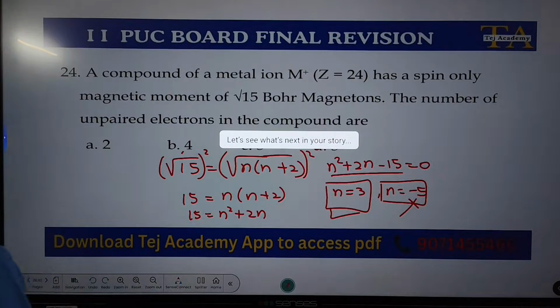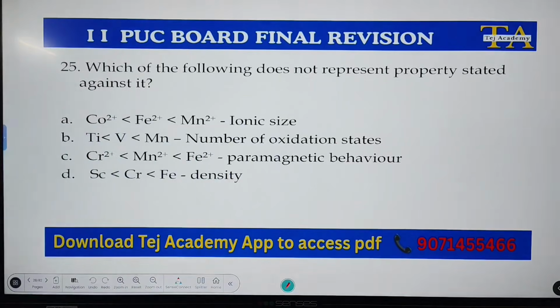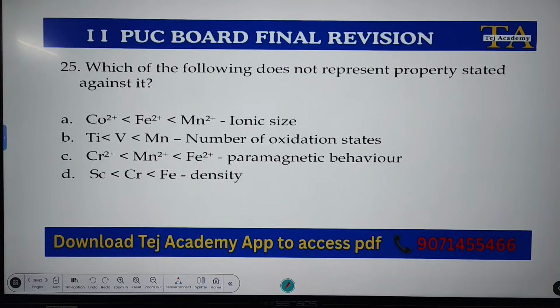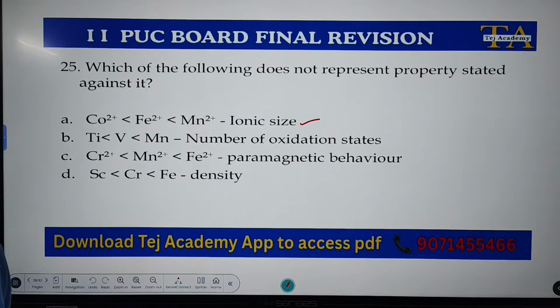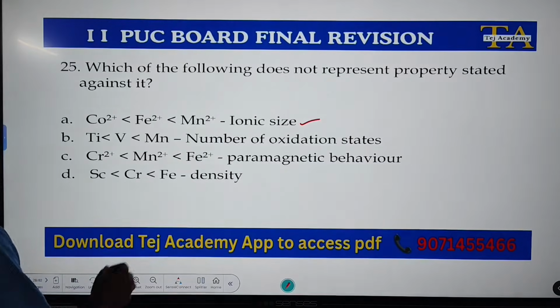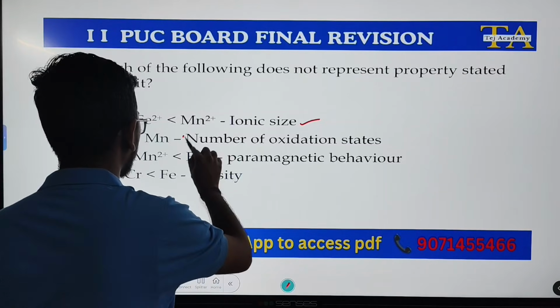So next question, 25th. Which of the following does not represent the property against it? See, they gave elements along with their property. So if you check for ionic size, it is correct. Mn2+ is having more ionic size, correct. Then for the number of oxidation states, if you check, this is also correct.